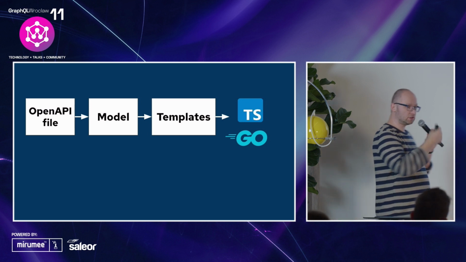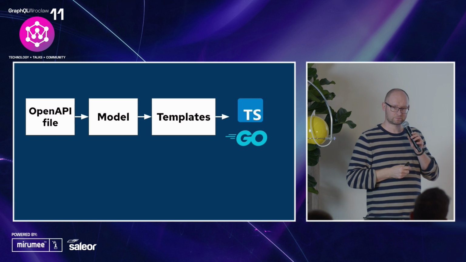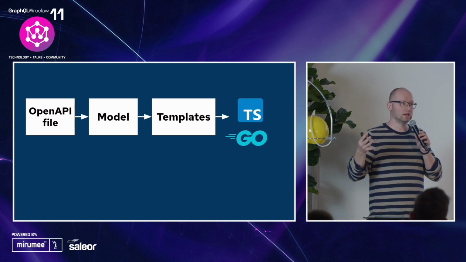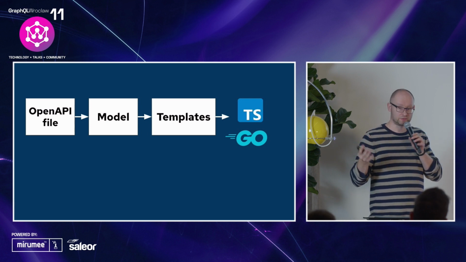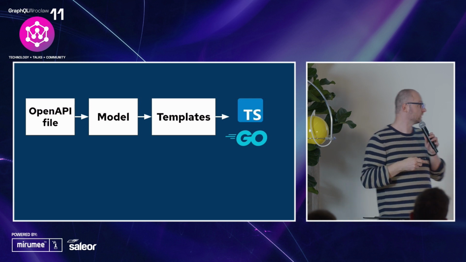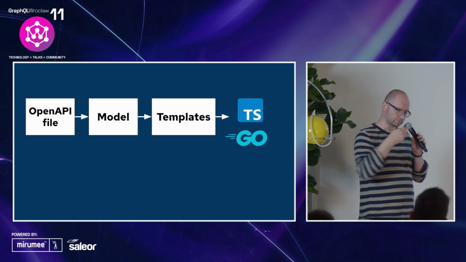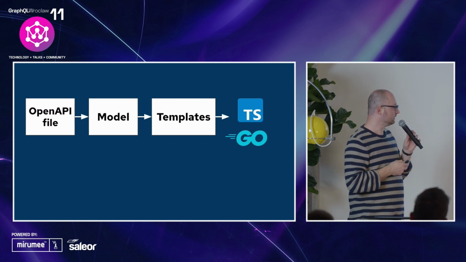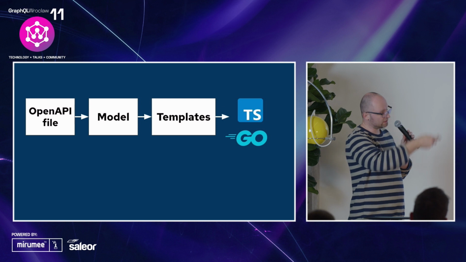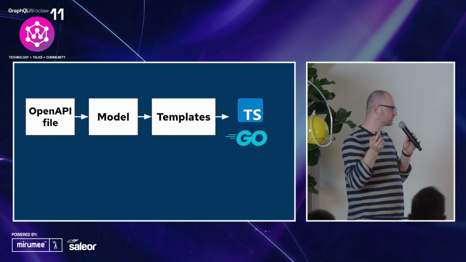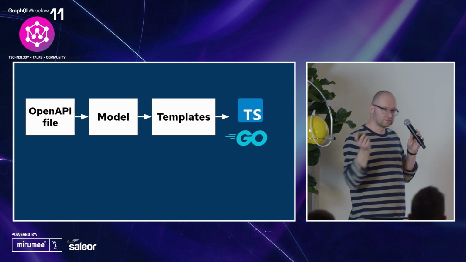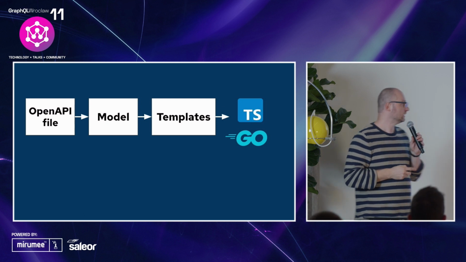You start with this OpenAPI file. Usually your team will either generate it from the backend or write it manually, and then the generator will build a model driven from the OpenAPI file. Then we have templates, and later on we get this large TypeScript, JavaScript, or whatever language you want, SDK.